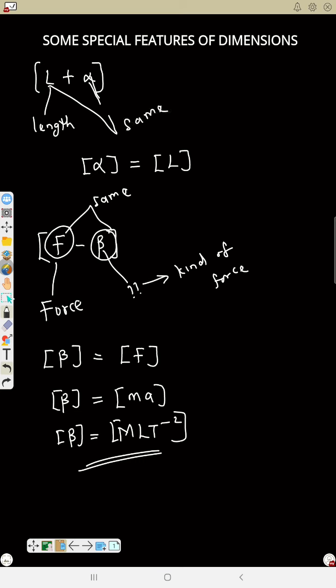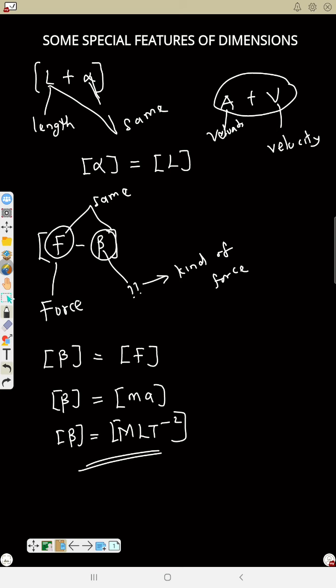So if I have a plus v, and v is velocity, that means a also must be a kind of velocity. That means they must be equal before we can add them together. That is the concept we are using here.